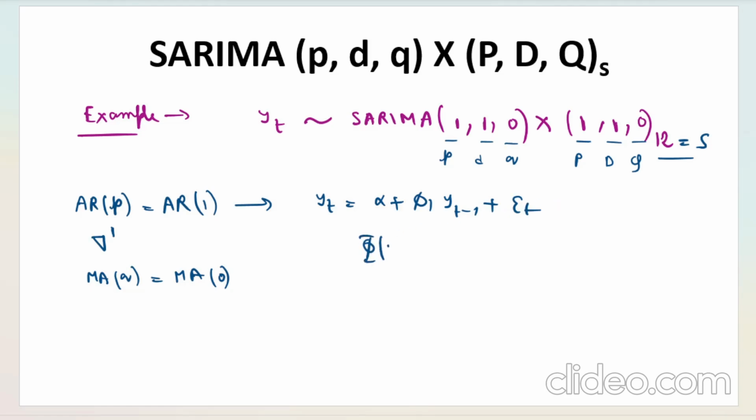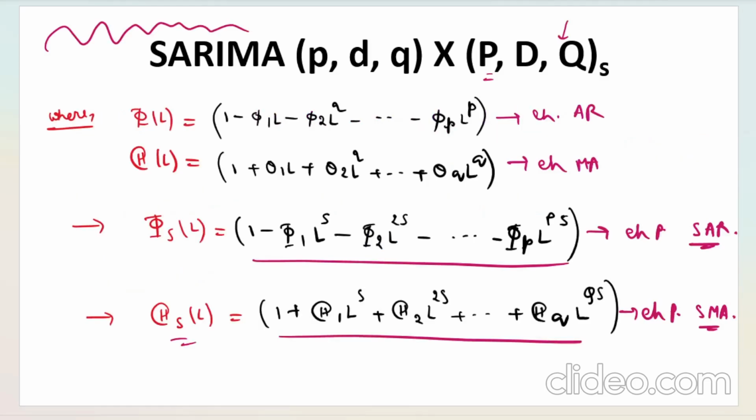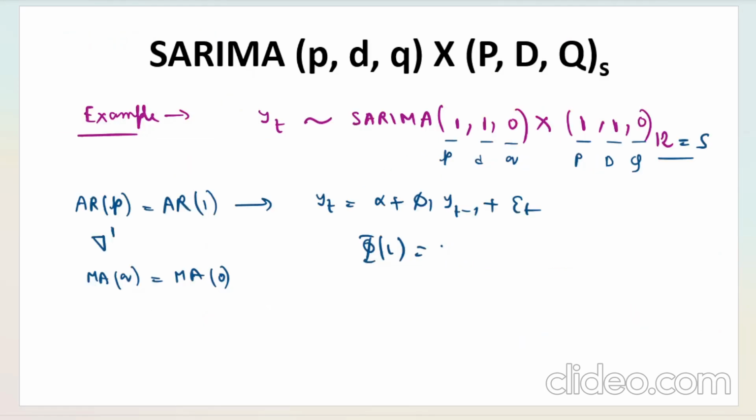So what will be phi L? For simplicity, look at this. What will be phi L? Phi L is 1 minus phi 1 L, right? 1 minus phi 1 L. For MA 0, what does this look like? This is simply this. MA 0, no lag terms.